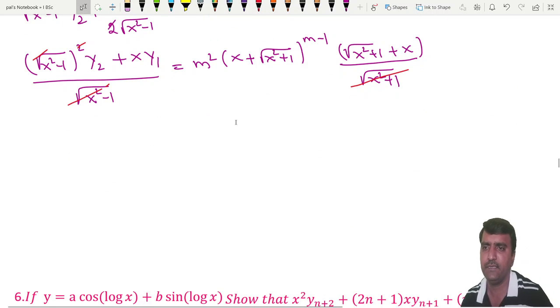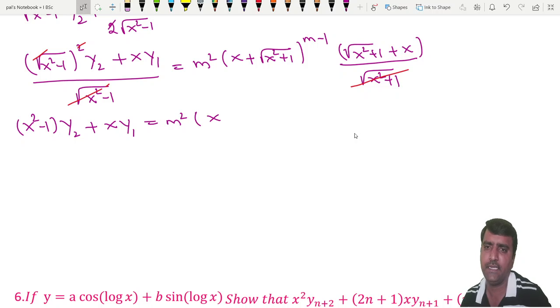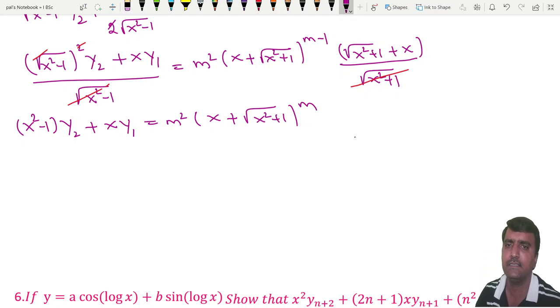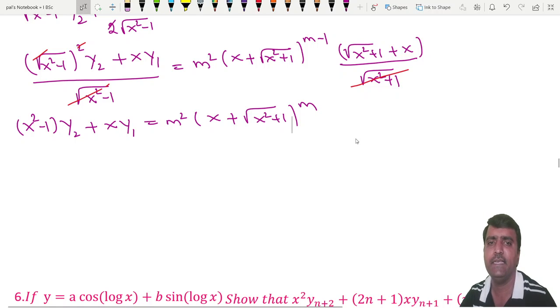So it is x square minus 1 into y2 plus x into y1 is equal to m square into x plus root of x square plus 1 to the power m, because here this is m minus 1 and its power is 1, m minus 1 plus 1 becomes m.